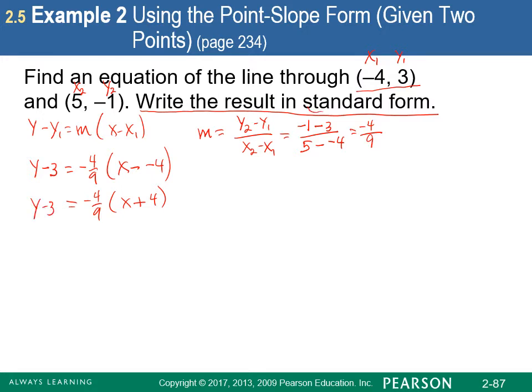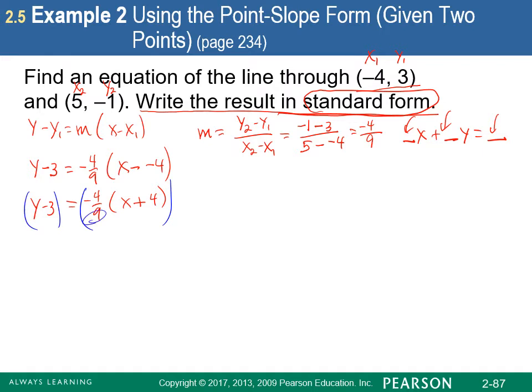Now the problem with this is they want specifically standard form. Standard form means we've got some number times x plus some number times y equals some number, where all of these numbers are integer values, as in no fractions. Well, just like we saw way back in the beginning, we can take care of any situation involving fractions by multiplying both sides by the common denominator.